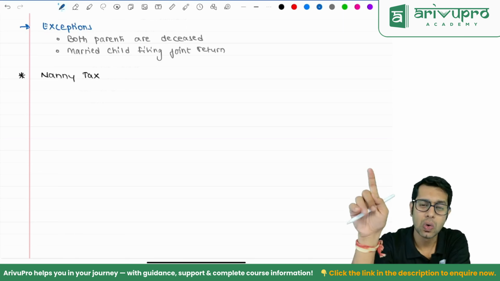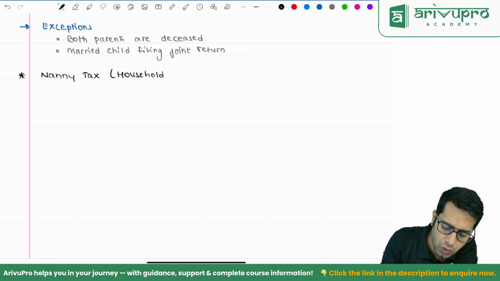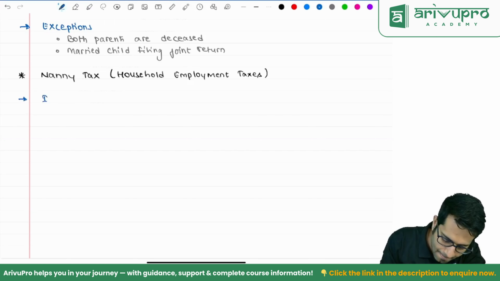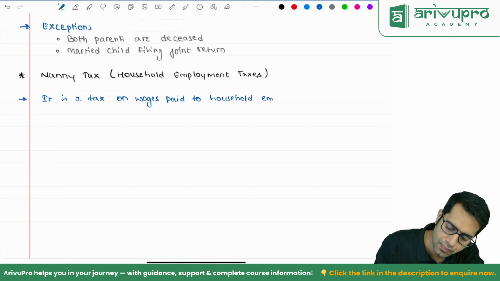Nanny tax, also called household employment taxes. It is a tax on wages paid to household employees.